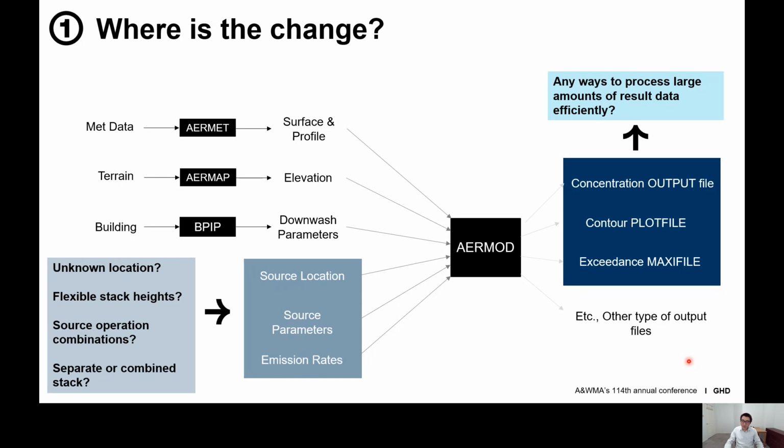So from the front end, if we have a lot of different uncertainties that result in various model inputs, then we will have a lot of outputs coming out. Is there any way that we can process large amounts of result data efficiently? Basically, this box of questions is the where-is-the-change question we would like to answer.